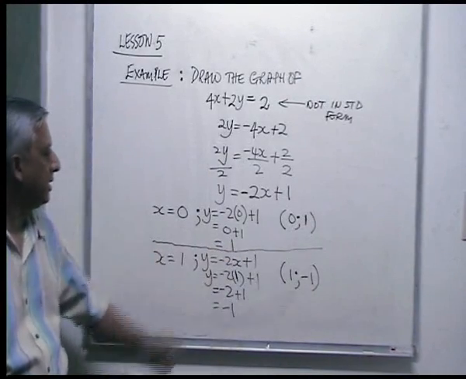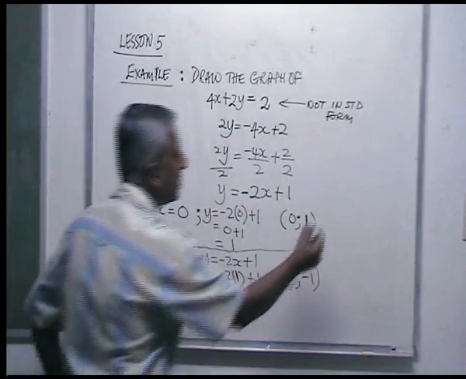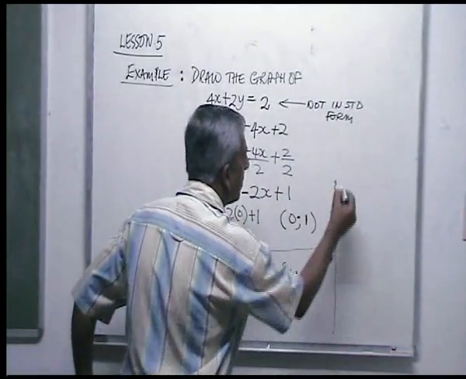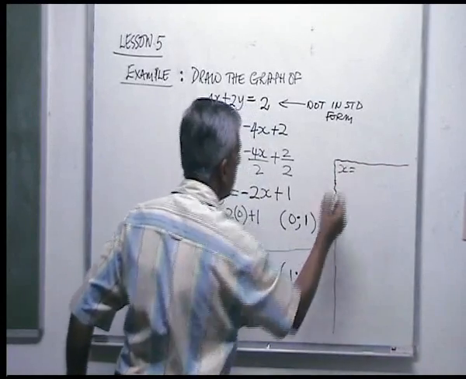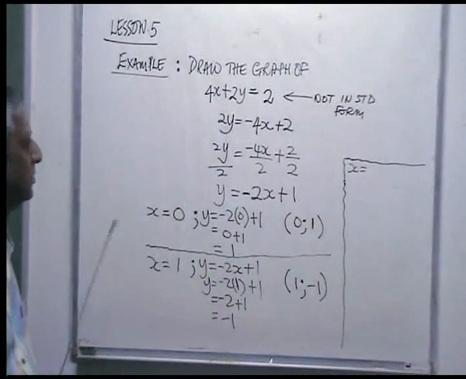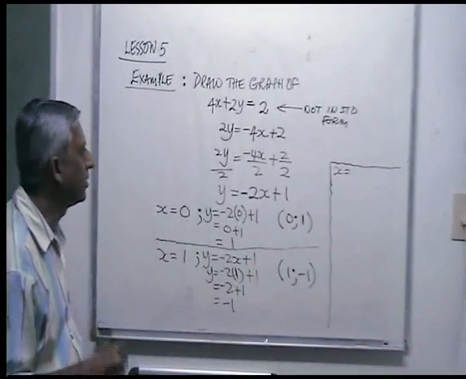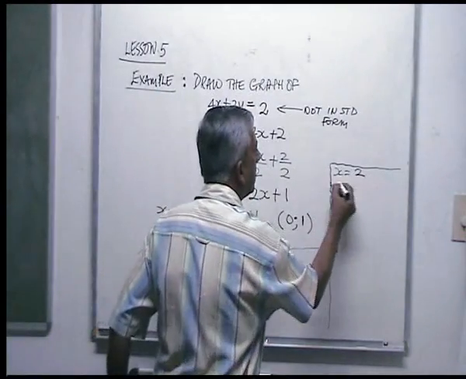Now we just want to make sure and find the third ordered pair. I'm going to work it out over there so that we don't make a mistake. So for the third ordered pair, let x equal to 2. So x is 2.